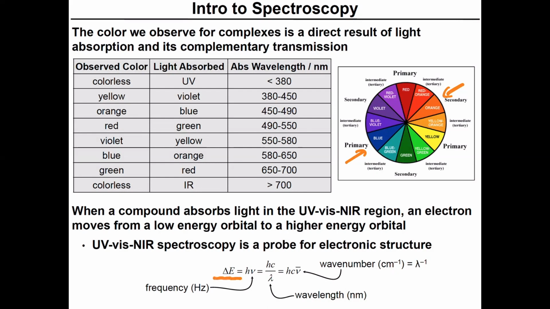That's simply a consequence of Planck's equation, where the energy difference between the ground and excited state is just the energy of the photon in frequency times Planck's constant, h. If we put that in terms of wavelength, we know that delta E is equal to hc over lambda, and lambda here is in nanometers.